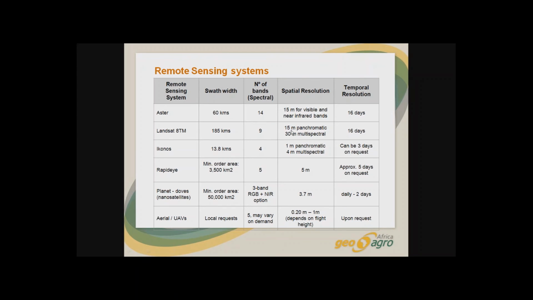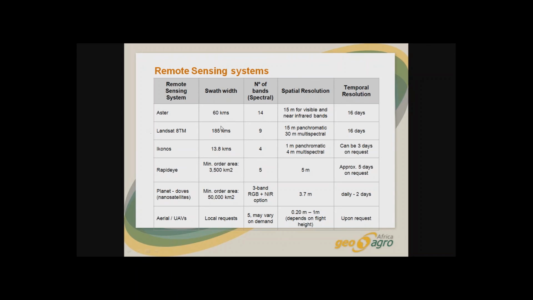So that is the spatial resolution, 15 and 30 meters. A number of bands, they're capturing 9 bands with a swath width of 185 kilometers. Mid-low resolution, but very wide capture. And the temporal resolution is every 16 days, it's fixed.